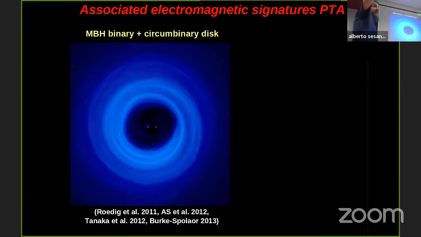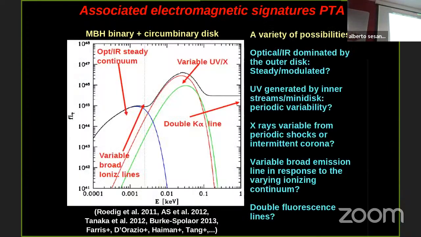Since they are so massive and so nearby, you might see them in your electromagnetic data, and there is a whole bunch of signatures that you expect from these massive black hole binaries, right? So you might have periodicities, of course, and if you see the gravitational wave signal, you know exactly the period of the binary. You can match the periodicity of whatever electromagnetic signal you might have.